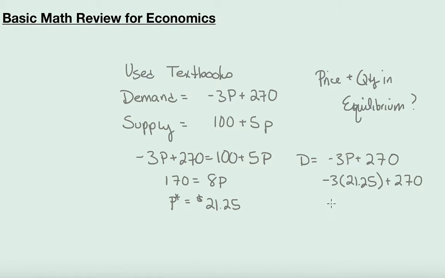What is that? That is negative 63.75, plus a positive 270, so we find out that demand is equal to 206.25. Then if we do the same thing, we'll find out that supply is equal to the same amount. So, setting two equations equal to each other, we solve for the two unknowns.